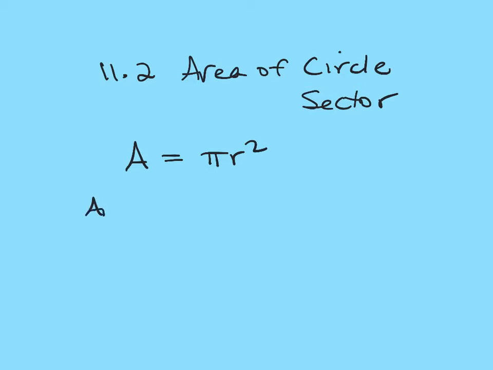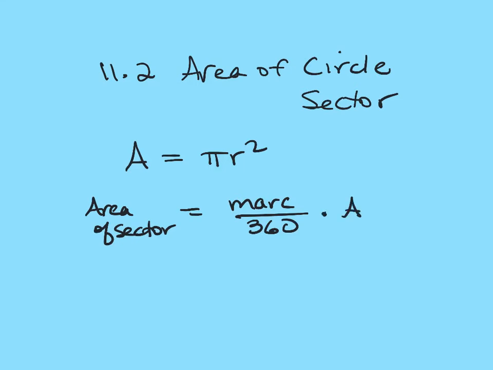The formula for area of a sector is the measure of the arc over 360 times the area, or let's say they give you a radius, the measure of the arc over 360 times pi r squared. So those will give you the area of the sector.